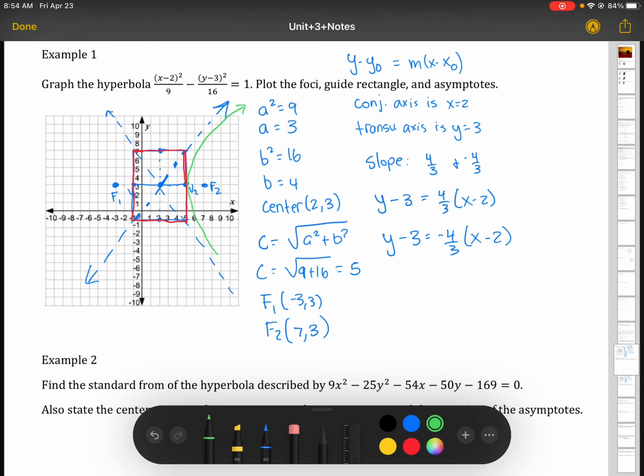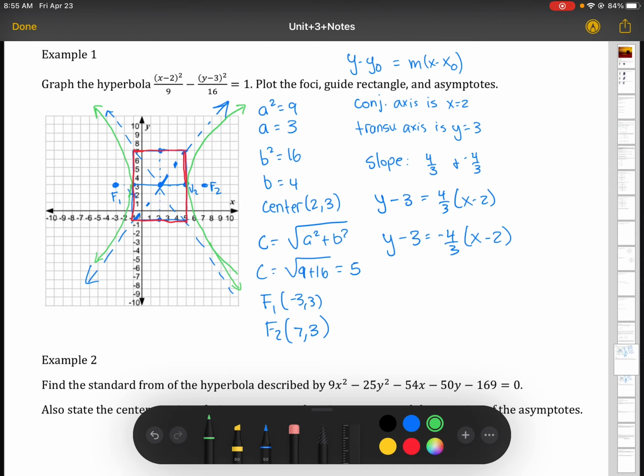Get very close, but never touch. And it looks something like this. Not a perfect drawing, but it illustrates the point. And that is how you draw a hyperbola by hand. You draw your guide rectangle, you plot your vertices, plot your foci, you graph your asymptotes, and that is it.